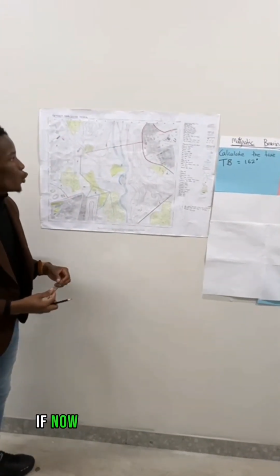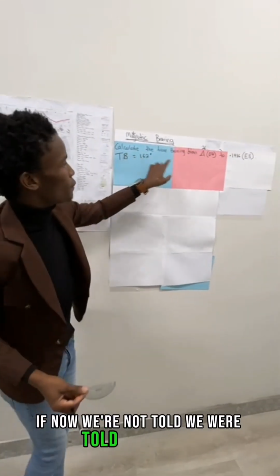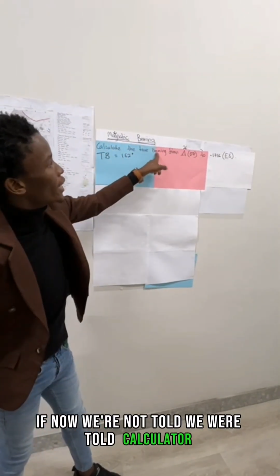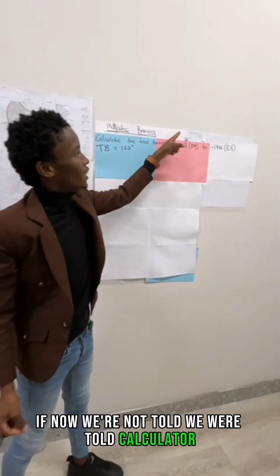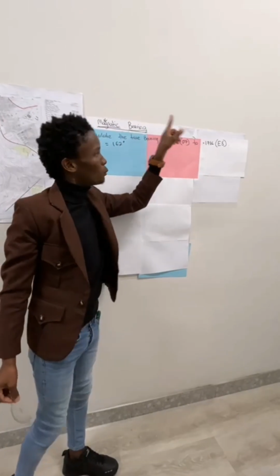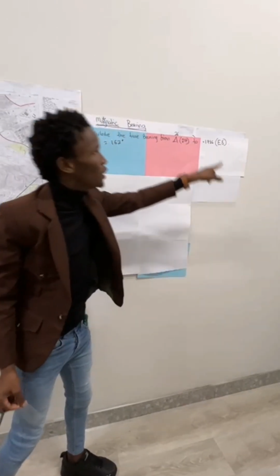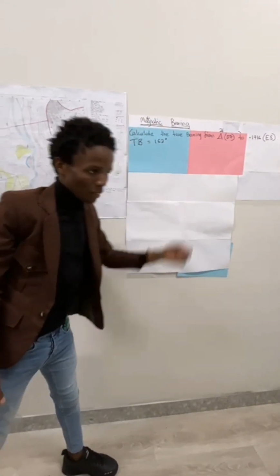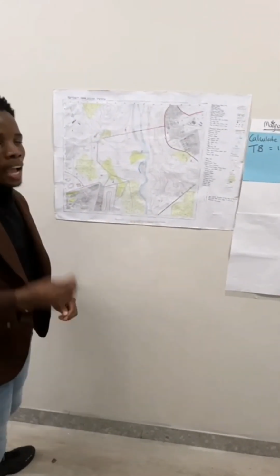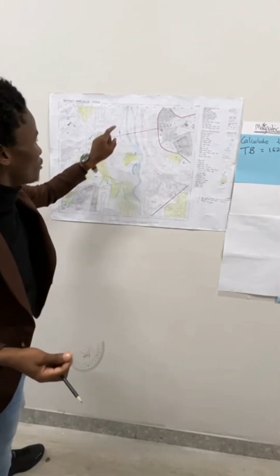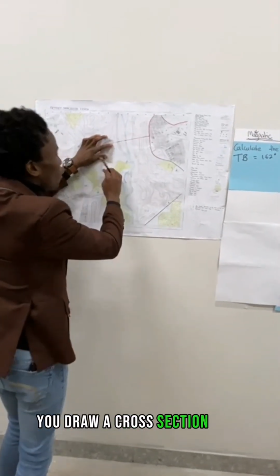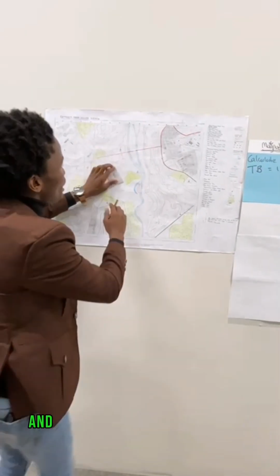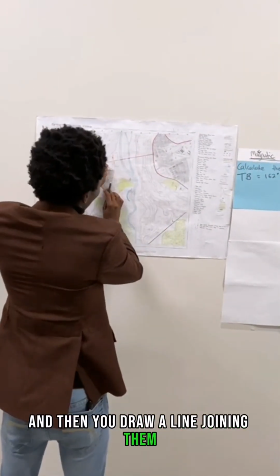But if now we were told to calculate the true bearing from the spot height to the trig beacon, not from the trig beacon to the spot height, what you will have to do is draw a cross section on the point you are going from, and then draw a line joining them.